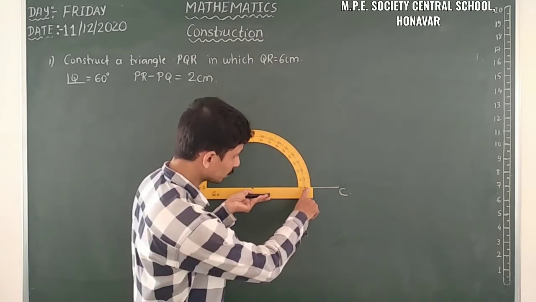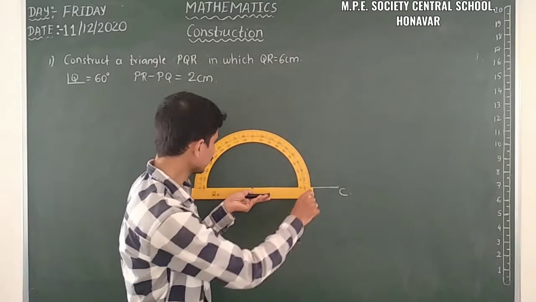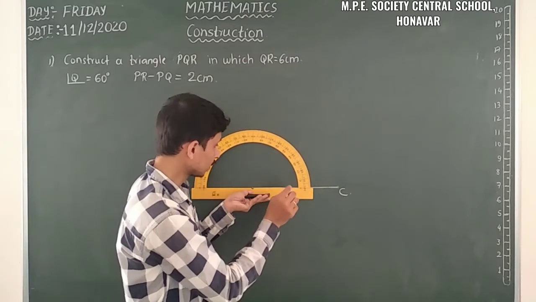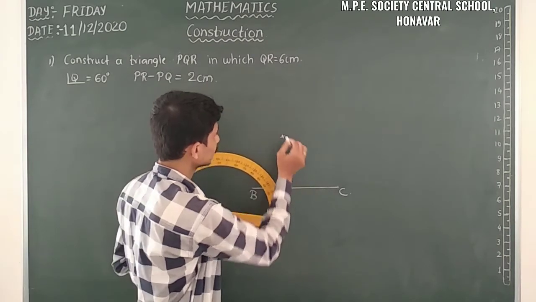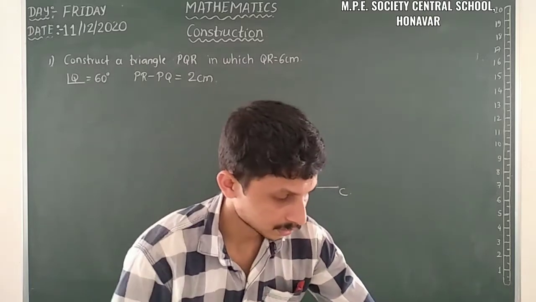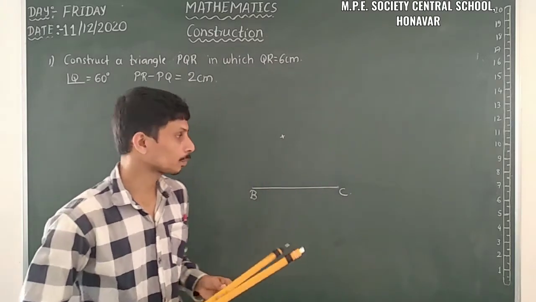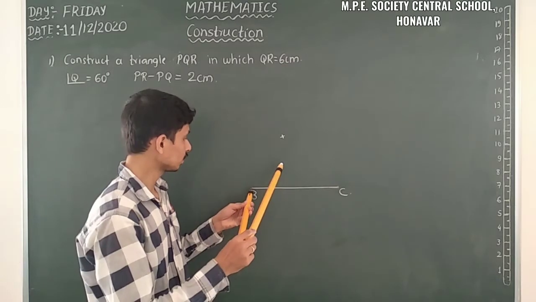So this line must coincide with this line, and this point will be here, and here you have to take 60 degrees. So here we have the 60 degrees. Those who have the protractor can use it, and those who do not have the protractor can use this angle-making procedure.